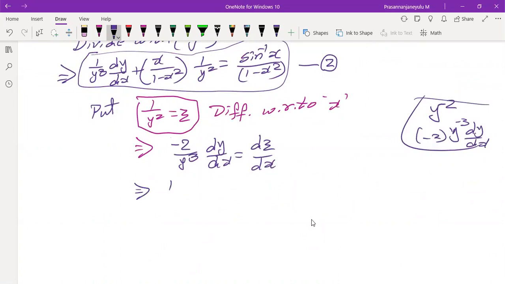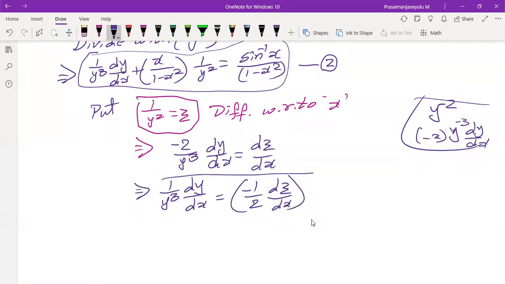So we get 1 by y cube into dy by dx equals minus 1 by 2 into dz by dx. Now substitute these two boxes in equation 2.